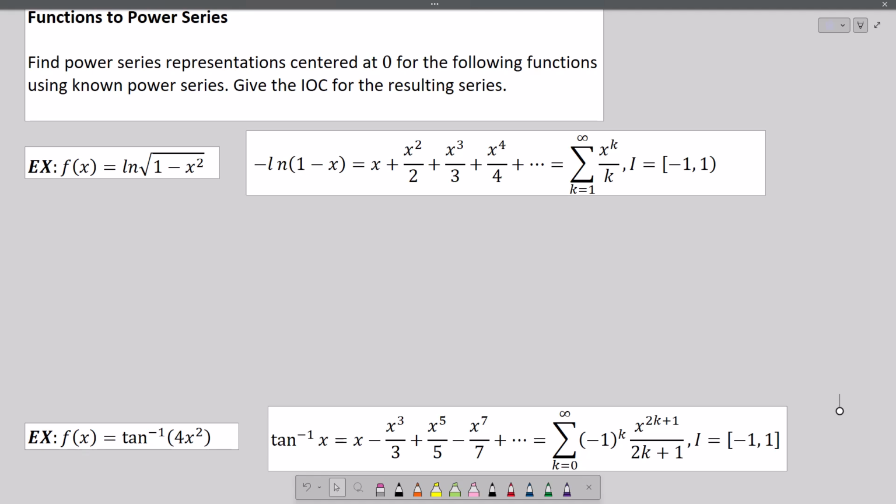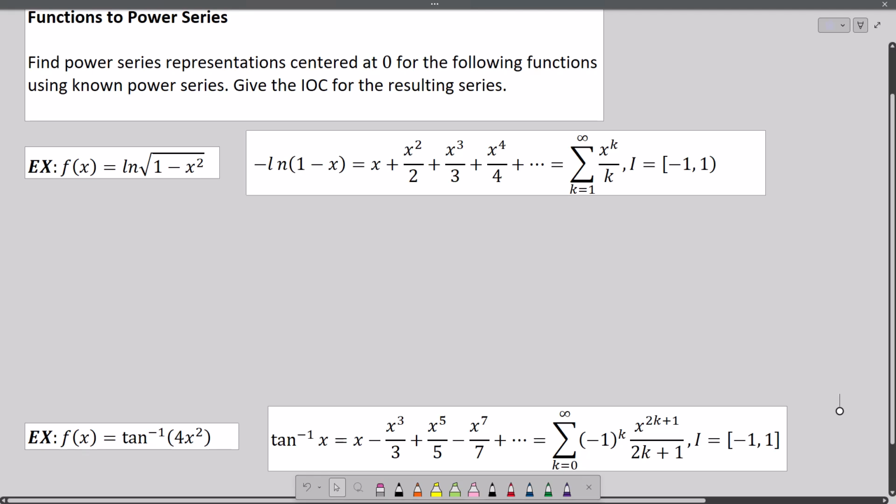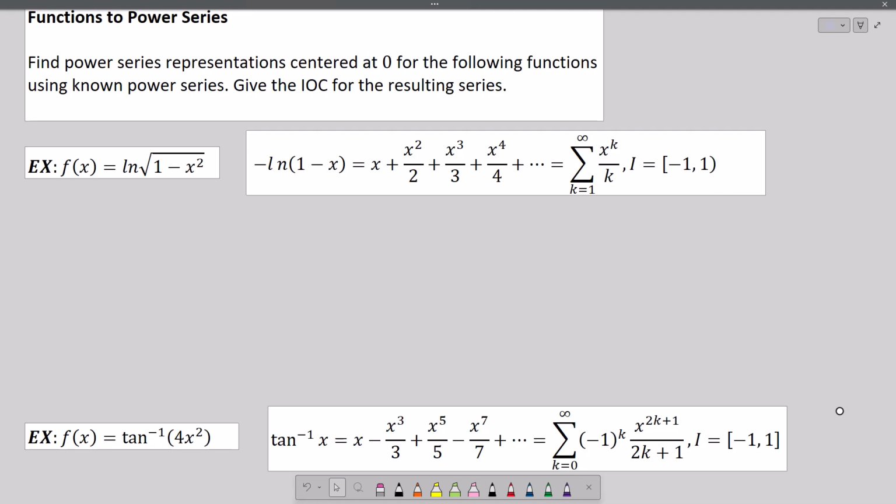Those known power series are the next two slides, those 12 power series. So this is considered a known power series. To find a power series for this function f here, it's not too crazy. What are we going to do to get the power series for f? Do you see what we could possibly do?